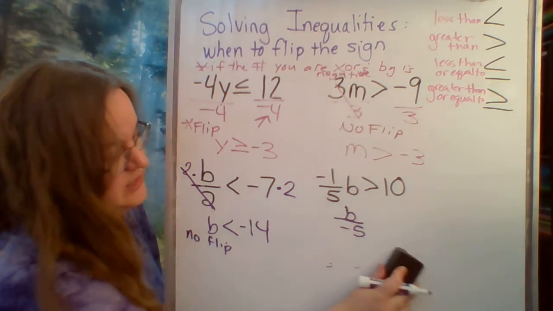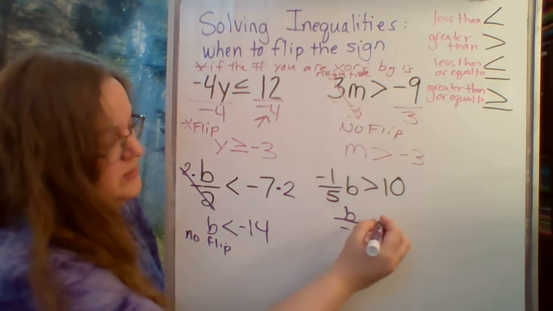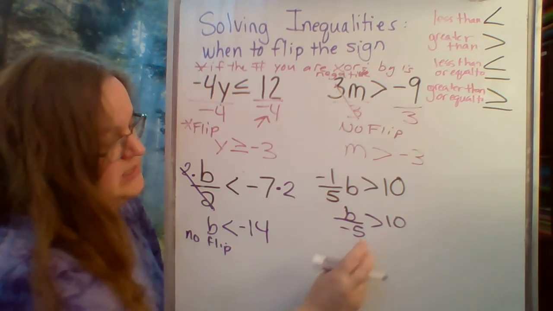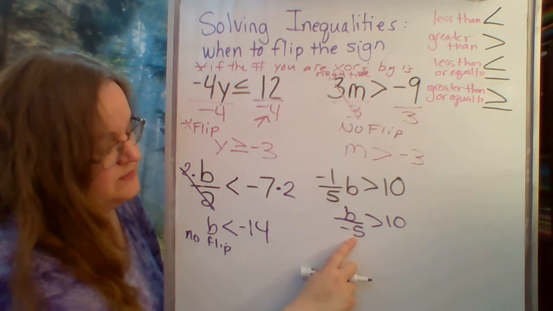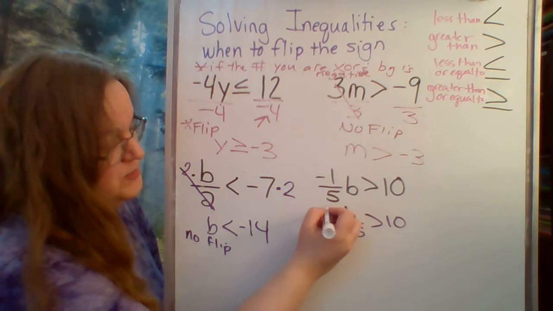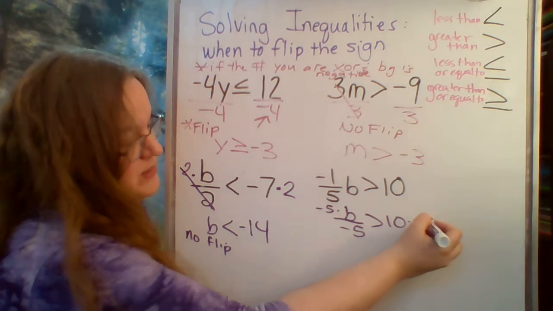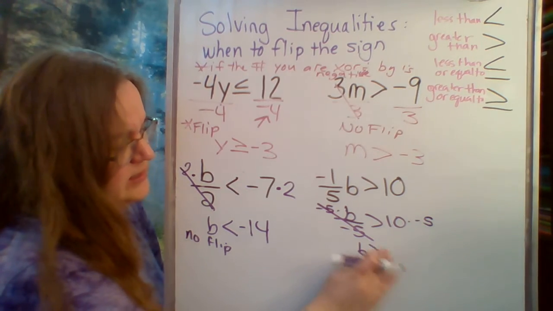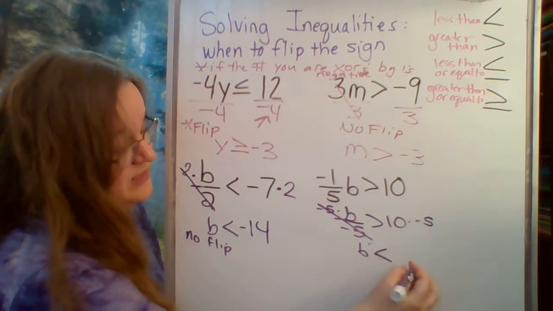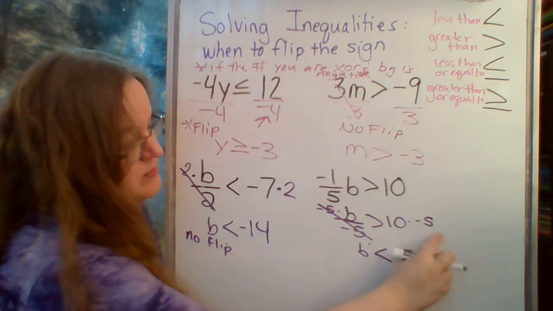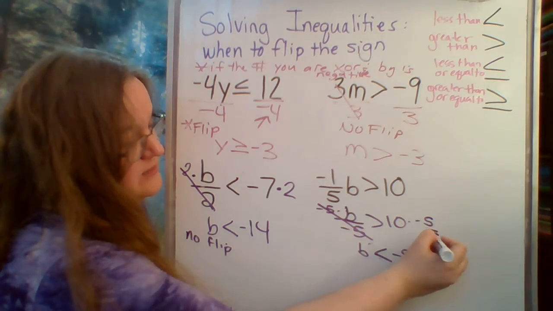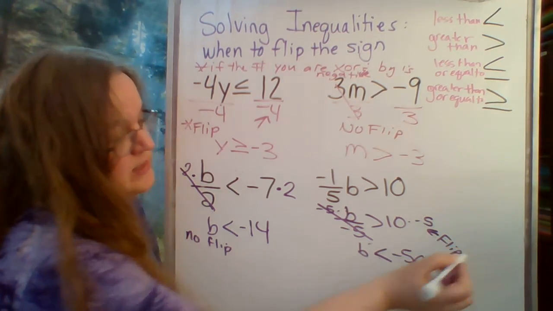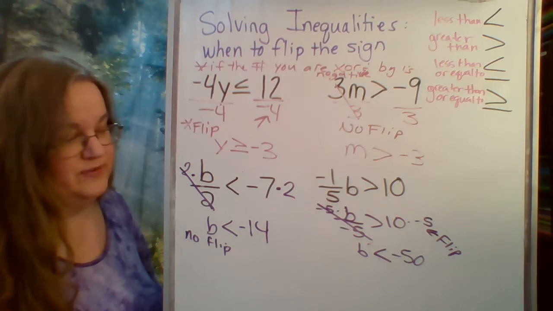So I can just put that negative in the 5 at the bottom, make my life a little bit easier. The opposite of dividing by -5 is multiplying by -5. If I multiply both sides by -5, those go bye-bye. And this one I do need to flip because the number I'm multiplying by is negative. So this is a flip because I multiplied both sides by -5.